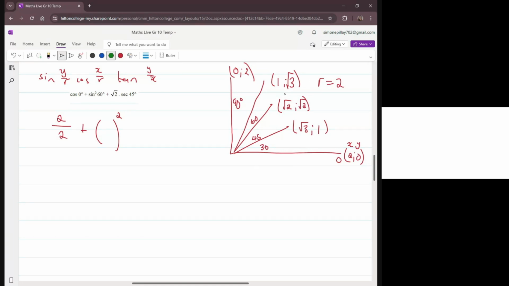My x value is root 2. My y value is also root 2. So if I need a sine, I'm going to have root 2 over r, and my r value is 2. I hope we're all with me there. At any time that you get lost, feel free to stop me. This is just multiplication that we're going to carry forward.